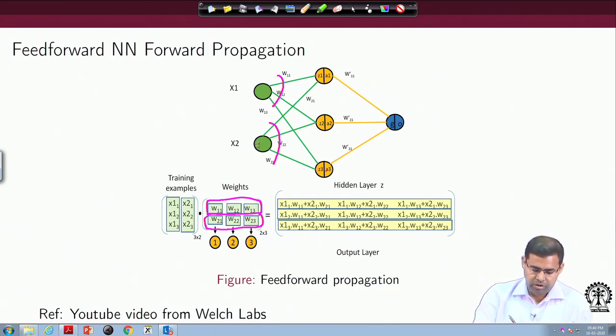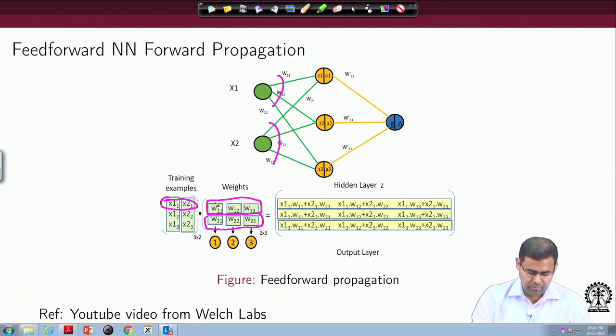And then when you are considering the input, for x1 and x2 you have these training examples, right. When you multiply, you want the final value to propagate to the hidden layer. For each of the training examples you are going to have values for this kind of tuple, and they are going to get multiplied with the corresponding components of the W's.